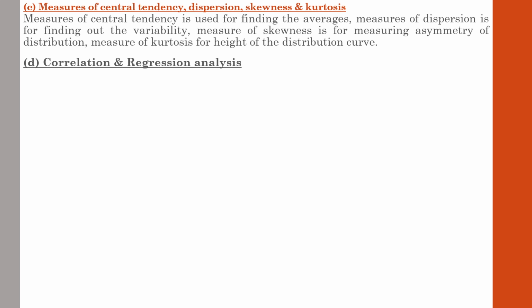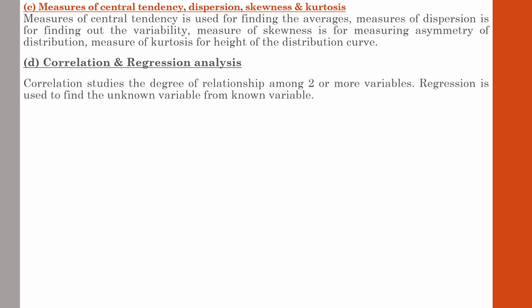It is an important statistical tool in quantitative techniques. This is the next portion which we are going to study in this syllabus. Correlation and regression is a statistical tool, and the reason we are using it is that correlation is used to study the degree of relationship between two or more variables.